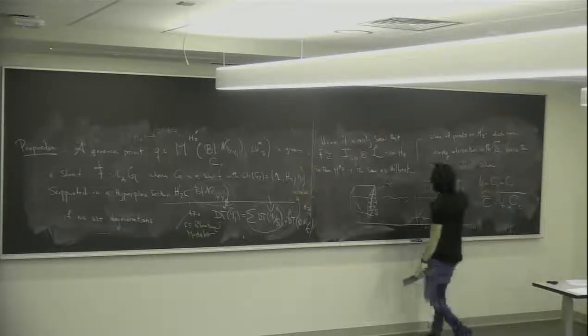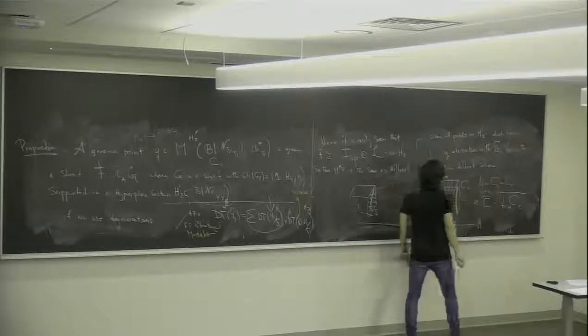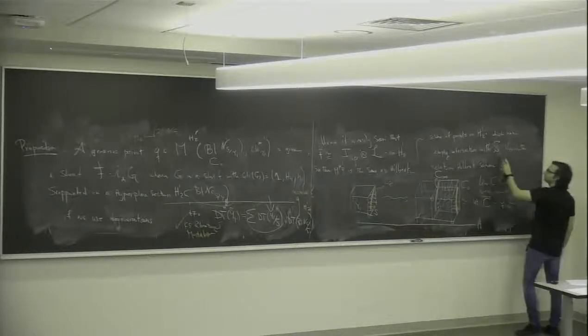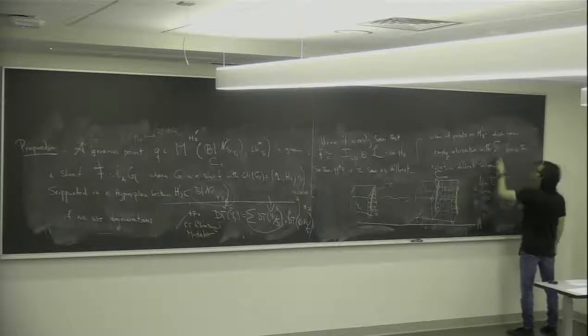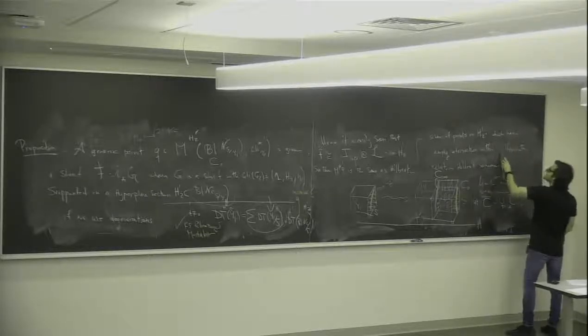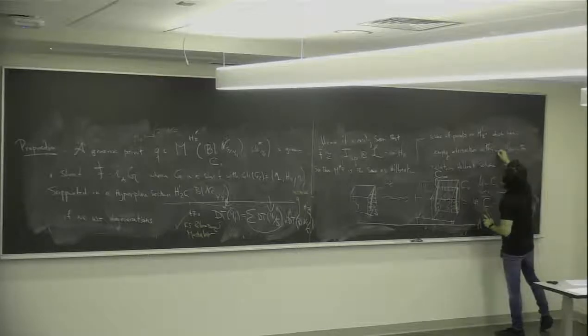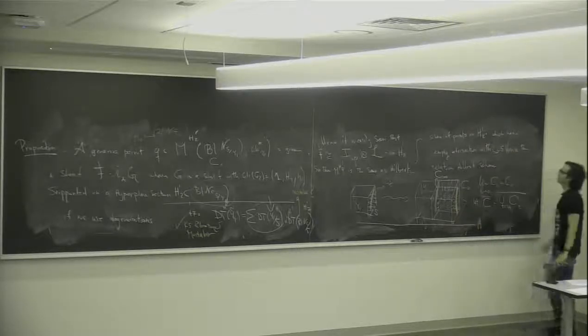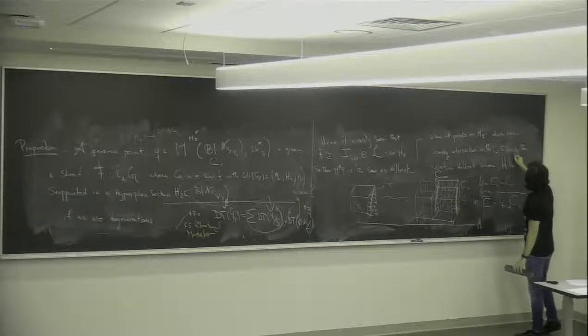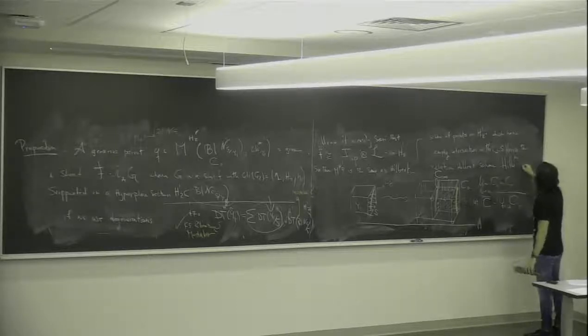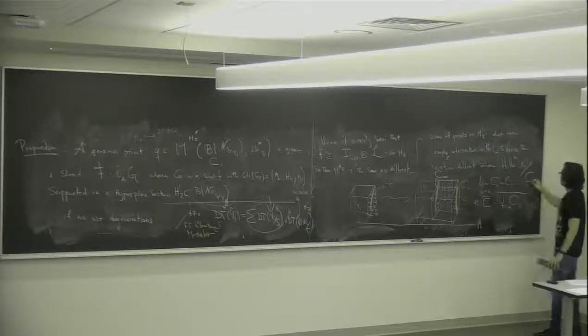So let's call this thing C infinity. They have empty intersection with C infinity inside S. So it's C infinity. Hence the relative Hilbert scheme of n points on this H prime 2 relative to C infinity.